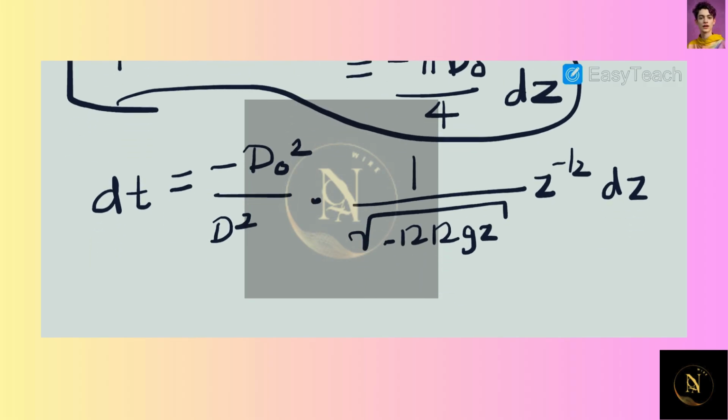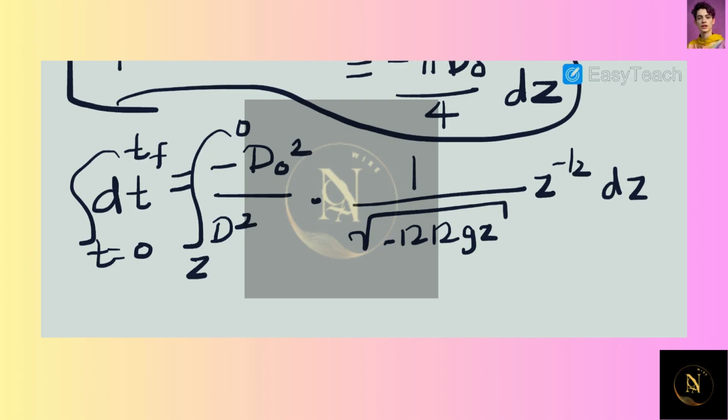We integrate from t equal to 0 to tf, and integrate the z side from 0 to z1, 2 meters.